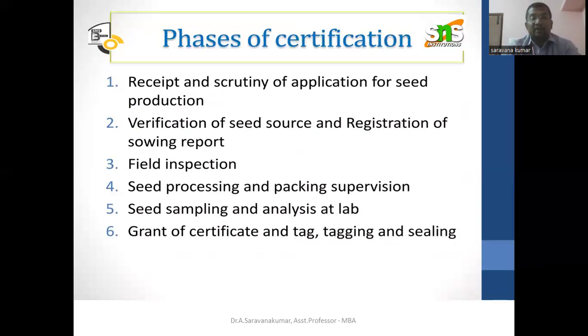Next we are going to discuss phases of certification. Receipt and scrutiny of application for seed production, verification of seed source and registration of sowing report, because the report is very important.